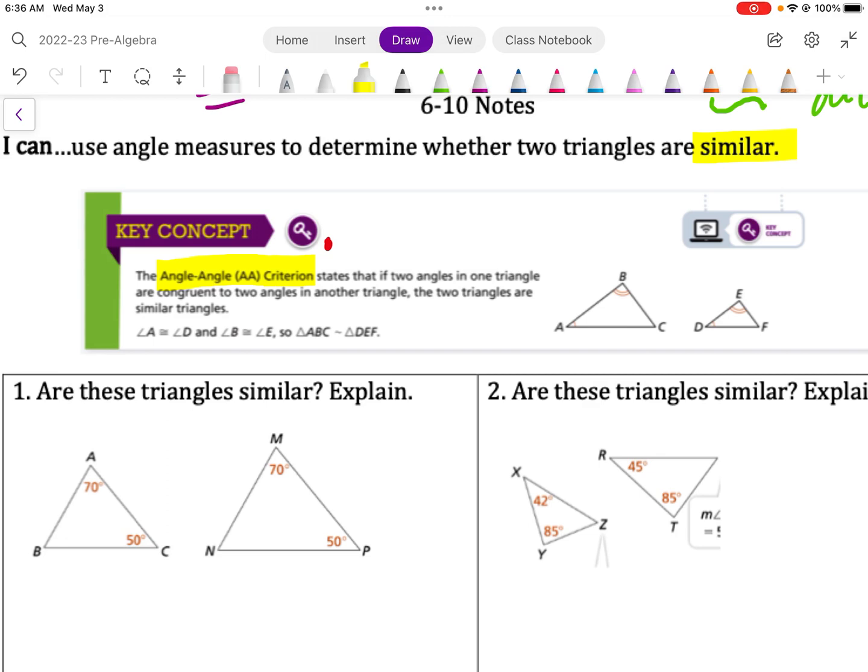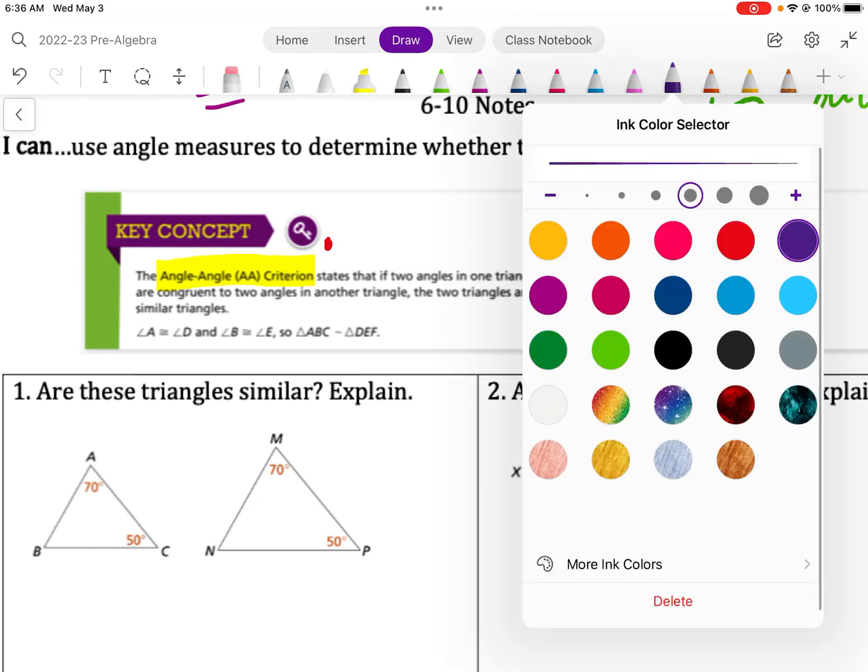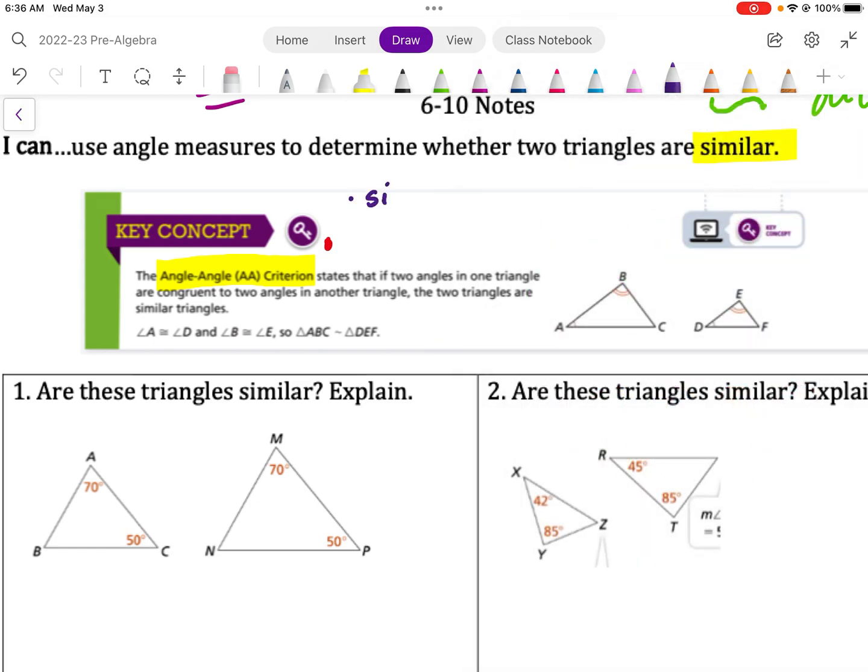Because remember, in order to be similar, sides must be proportional, and angles must be congruent.